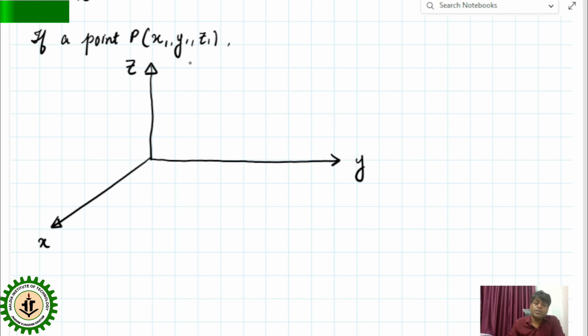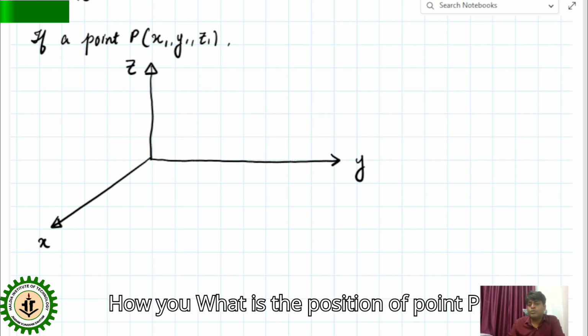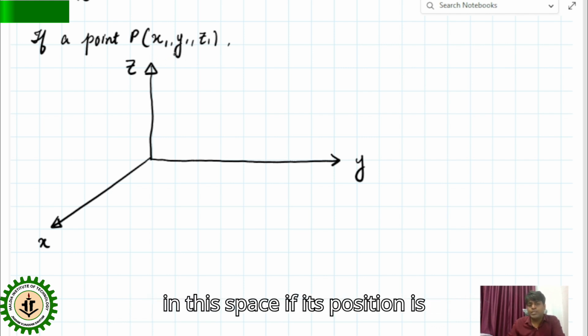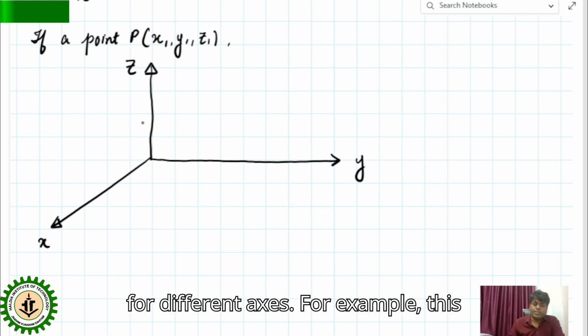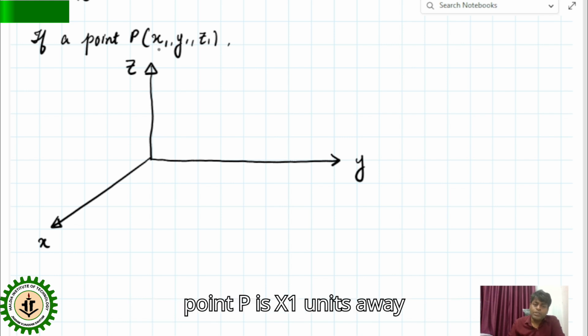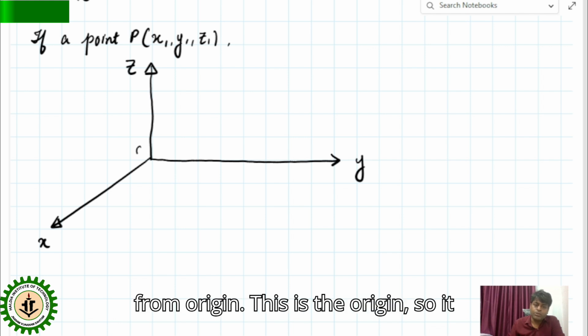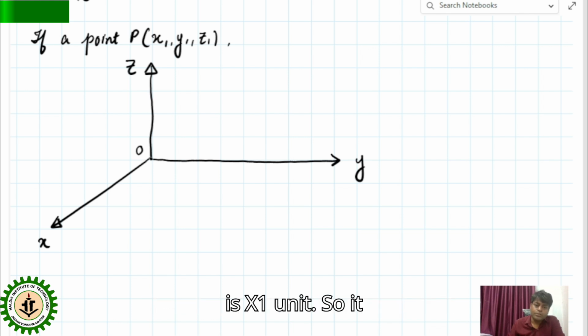So now I will show you how to find the position of point P in space if its position is shown for different axes. For example, this point P is x1 units away from origin. This is the origin. So it is x1 unit away from origin.